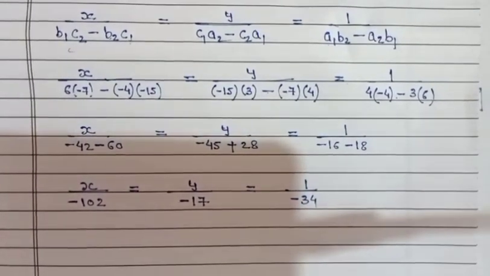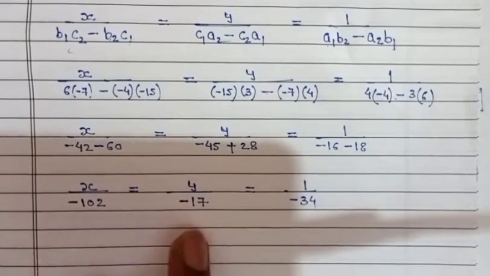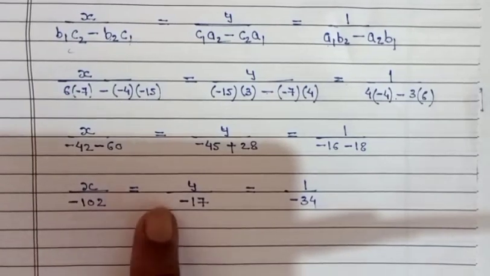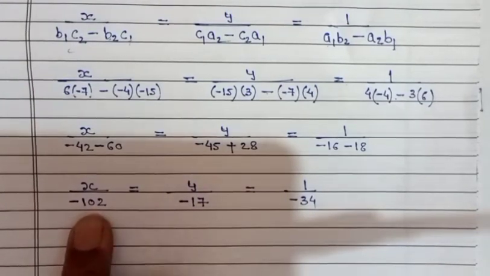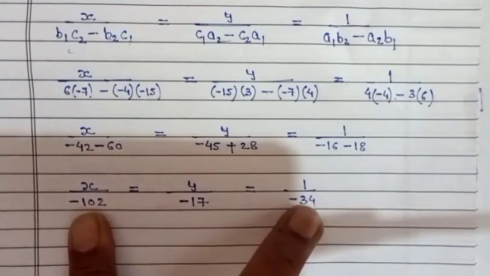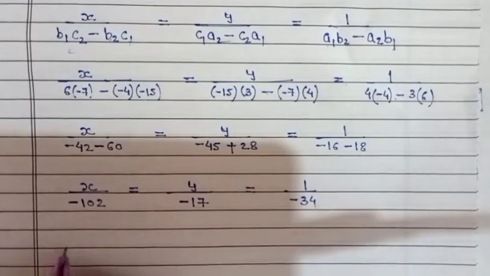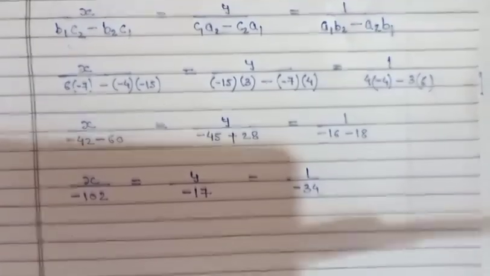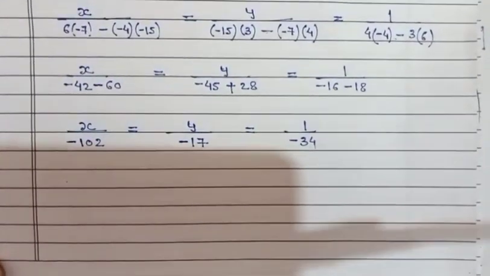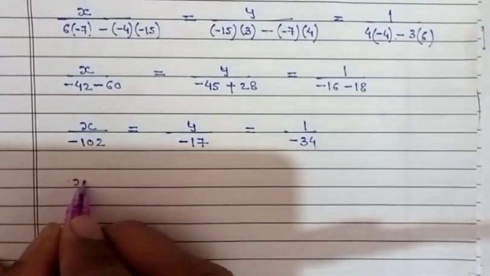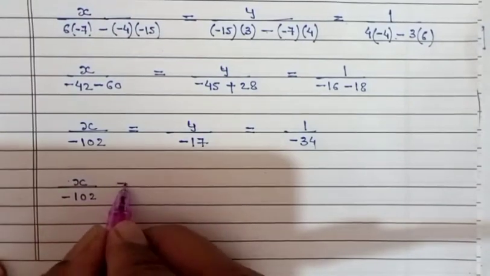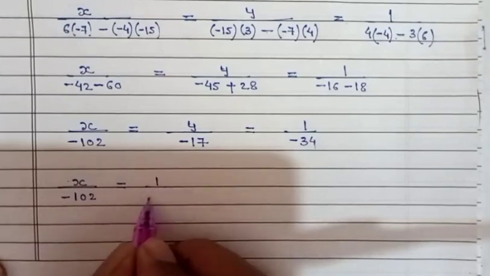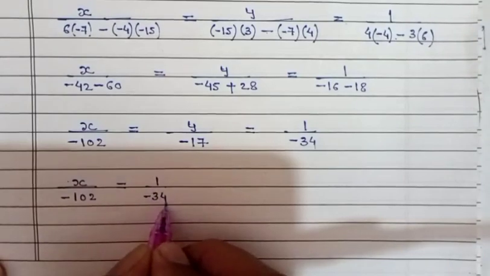Okay, now we have to get value of x and y. As you can see, these three fractions are equal, so we can equate them. So first of all, we will equate this fraction containing x with this constant one. So when we equate this one, you will be getting x upon minus 102 is equal to 1 upon minus 34.